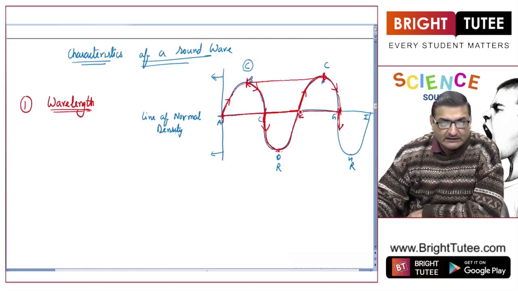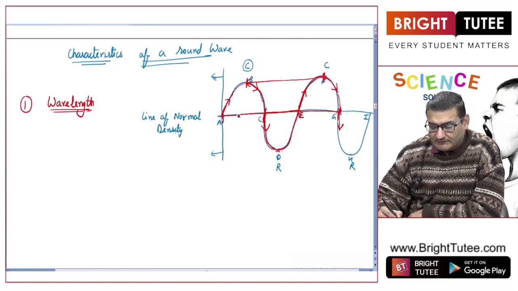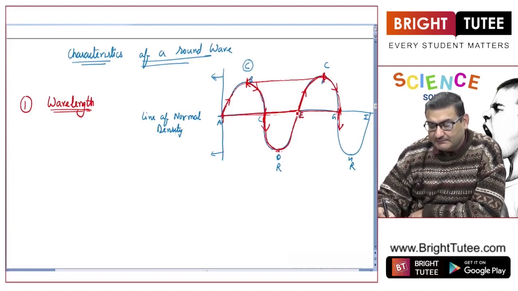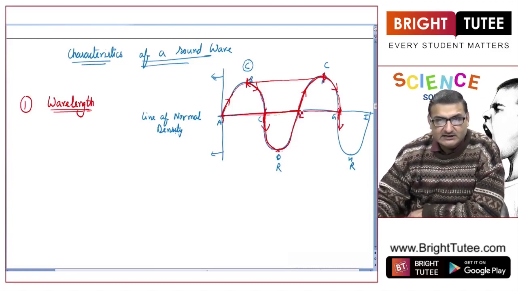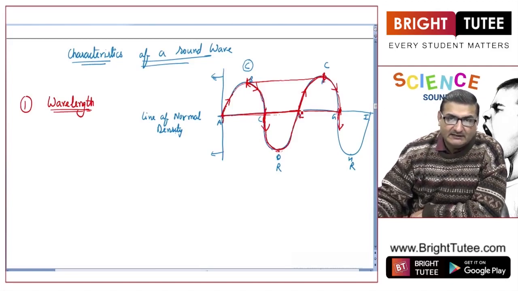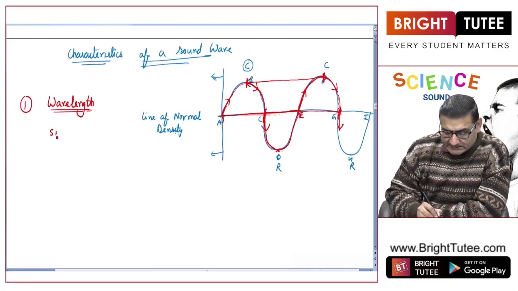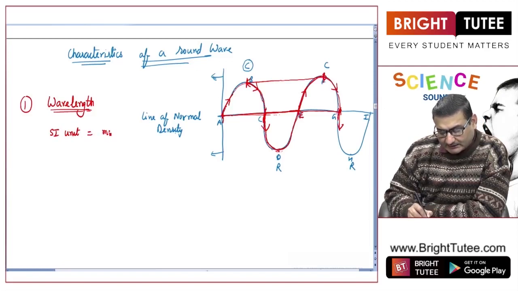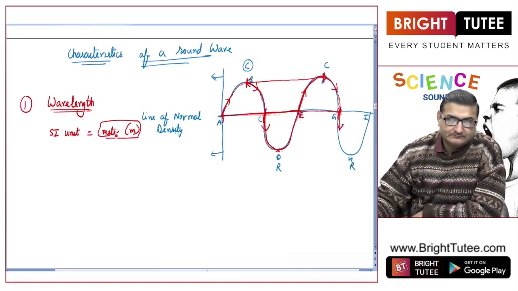And since we are talking about wavelength in terms of distance, the minimum distance after which a wave repeats itself, the SI unit of wavelength is the meter, represented by small m.